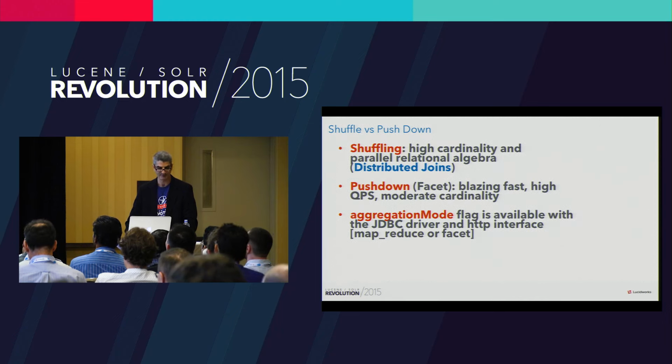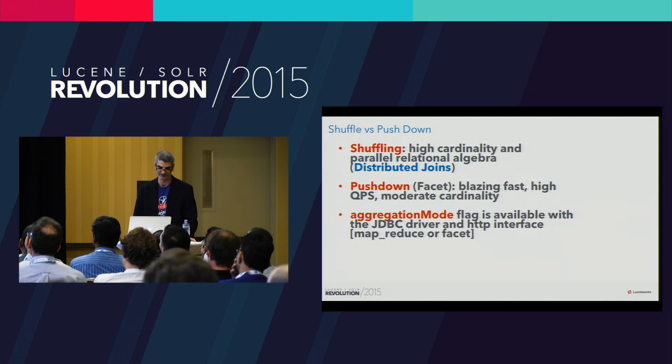And then you push down for performance. So you don't have to move data all over the place. You move the operation into the search engine itself. It supports high QPS, but not as high cardinality. And with the SQL interface, you have an aggregation mode, which has a flag for basically MapReduce or Facet. It's available on the JDBC driver and on the HTTP interface.